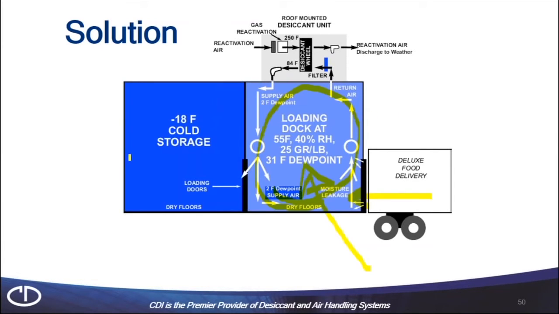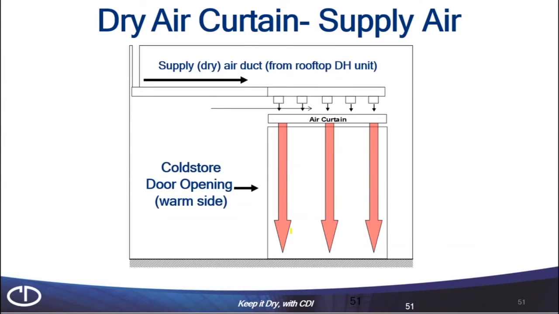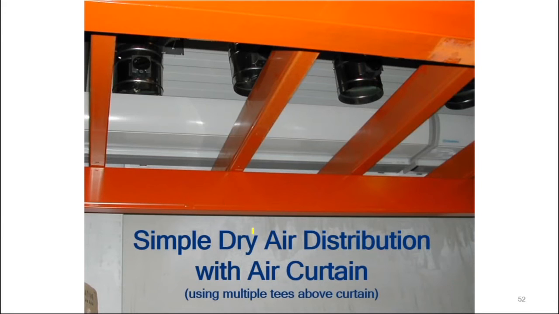It's going to try to get to this cold storage area because the vapor pressure is so low. It's going to want to run there. So if we have this dry air pillow on its way, we're going to catch that moisture before it becomes a problem.